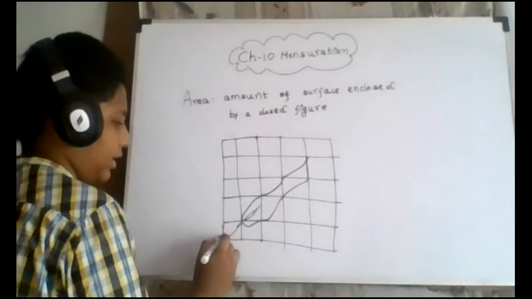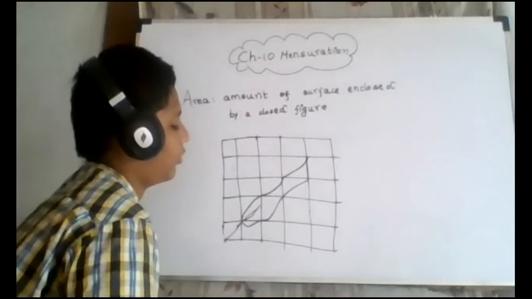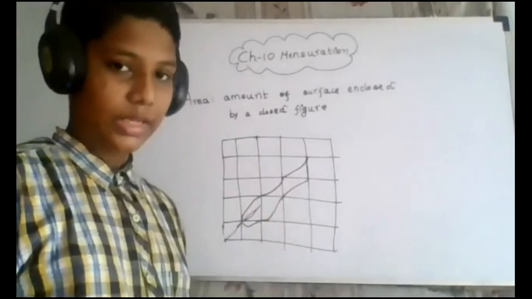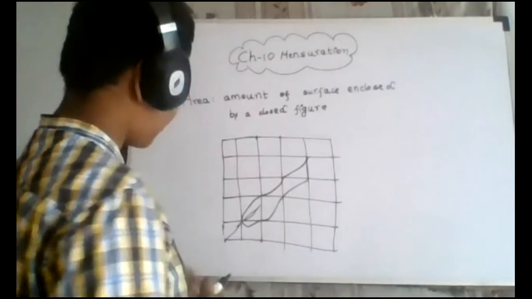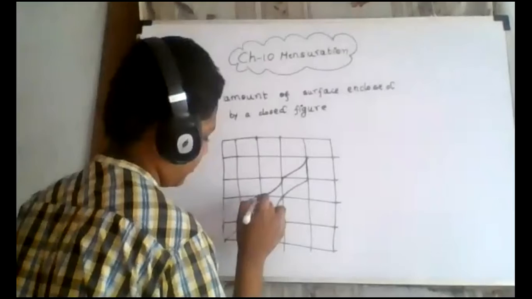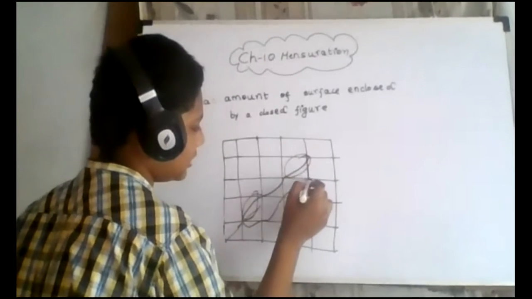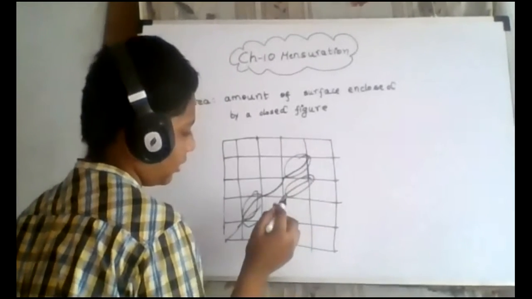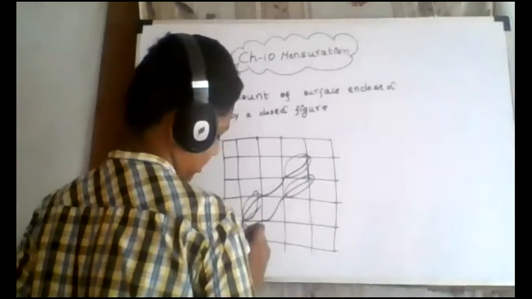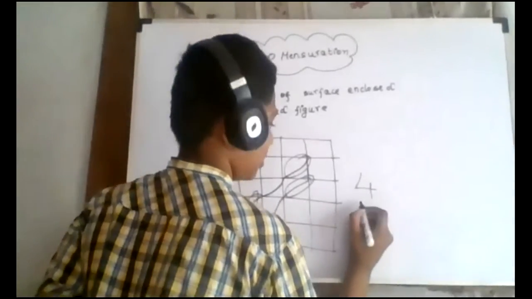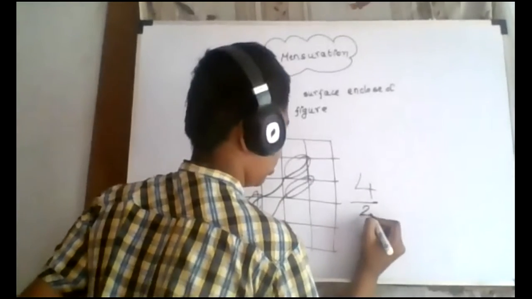We have to find the fully covered squares. We do not have any fully covered squares anywhere. So next, half covered squares. This is half covered, this also half covered, this also half covered. We have 4 half squares, so 4 by 2, which is 2.